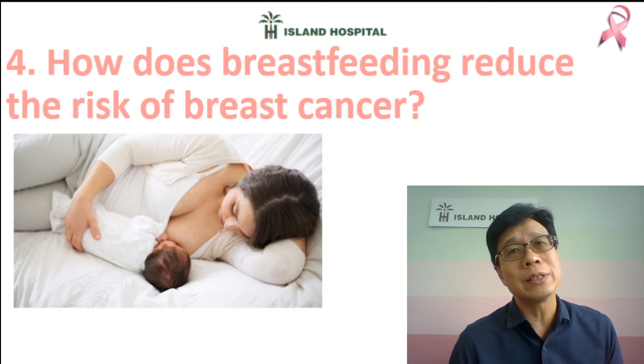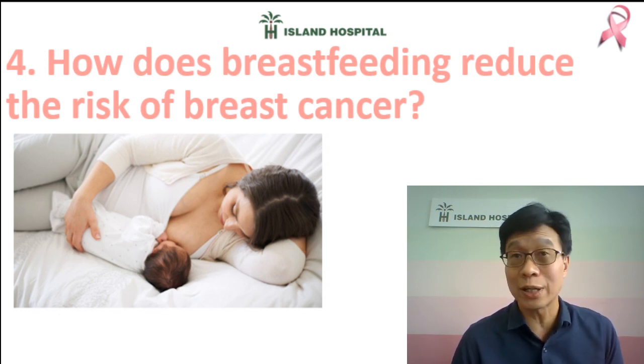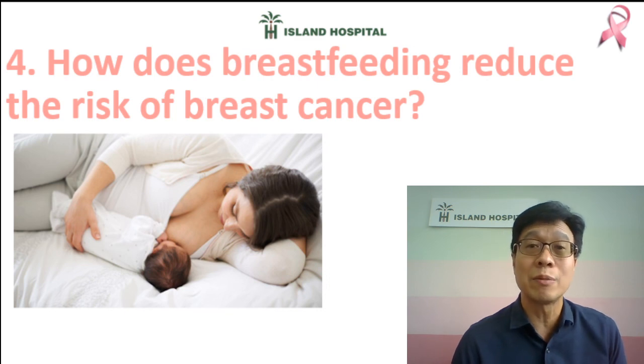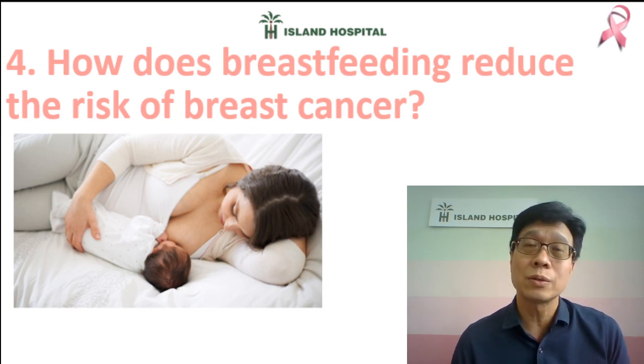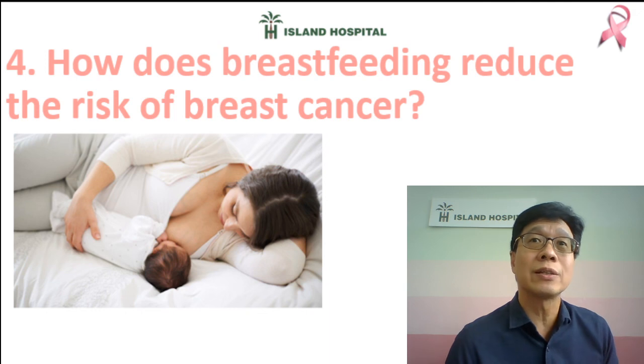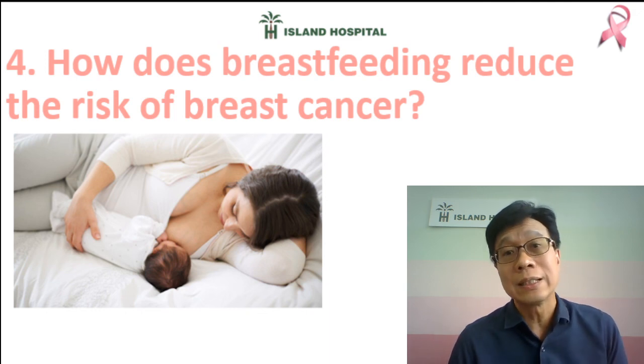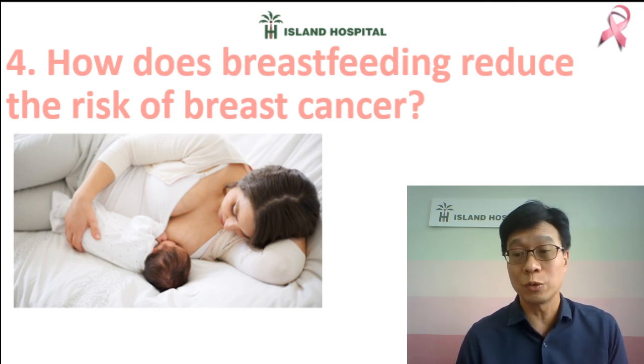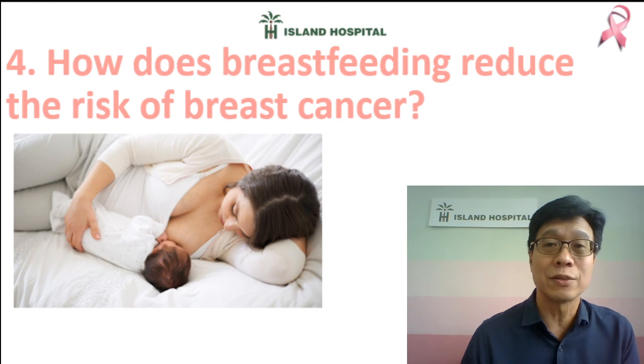Another theory is that during breastfeeding, a lot of cells from the breast tissue are shed off, and some of these cells may have been there for some time and may carry some DNA damage. So when there's a continuous shedding and renewal of cells, the risk of breast cancer will be reduced. But these are theories.